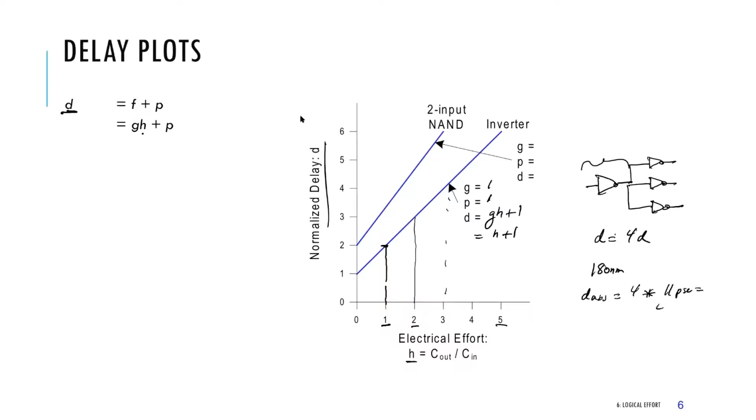So this would give us 44 picoseconds for the delay of this inverter driving 3 things like itself. And if you had a 65 nanometer process, if you remember, the tau was 3 picoseconds. So again, the absolute value of D in the same situation would be 4 times 3 picoseconds, and you'd end up with 12 picoseconds.